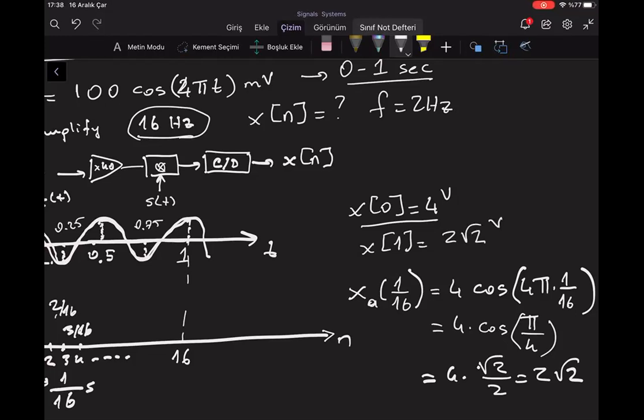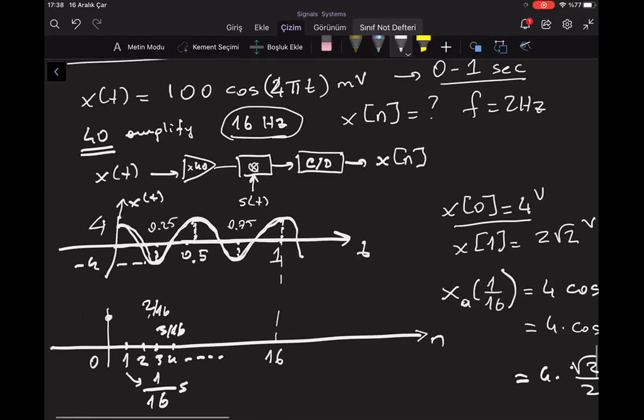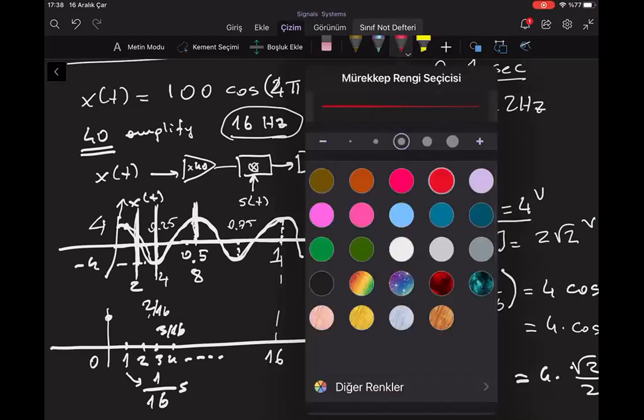So here, what is the sample number here, arkadaşlar? 8. What is the sample number here? 4. What is the sample number here? 2. So my first sample should be somewhere here.